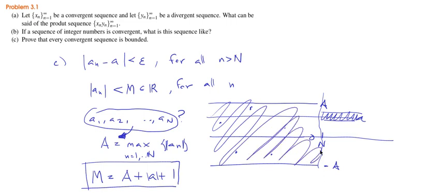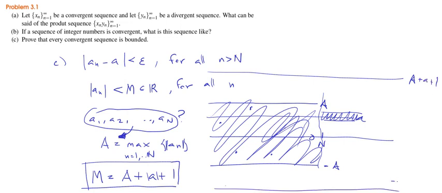This is an example, but there are many ways you can do it. If instead we choose capital A plus 1, so we have A plus 1, and here we have minus A minus 1, then we make sure that every number in the sequence is bounded by this number. So this proves the result. This is a proper bound for the sequence, and that's it.